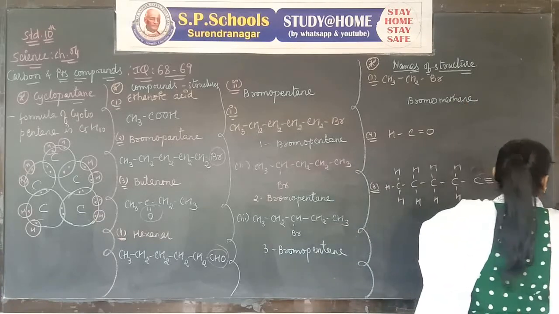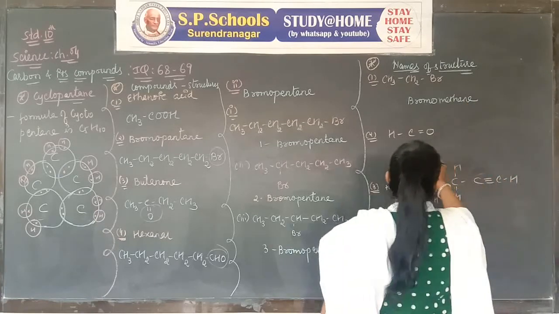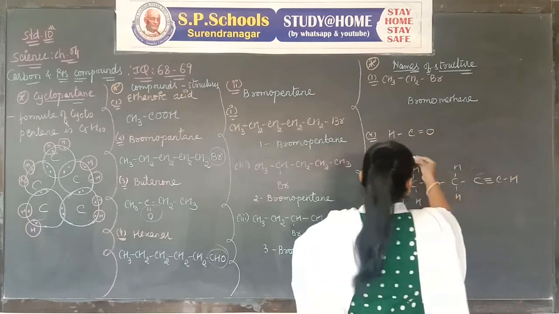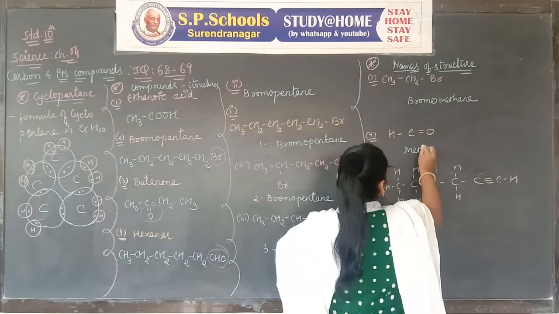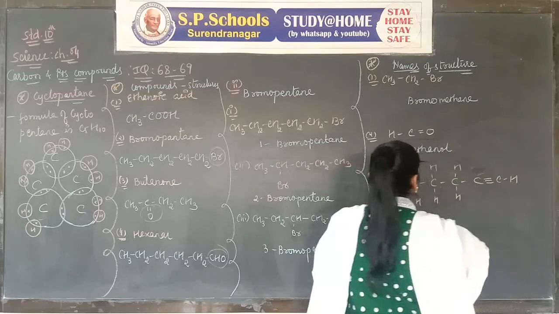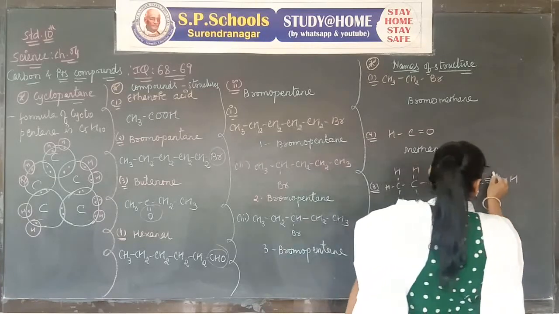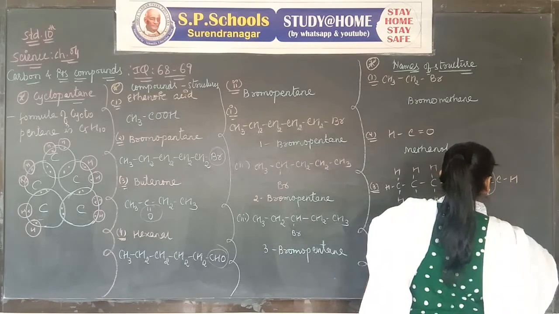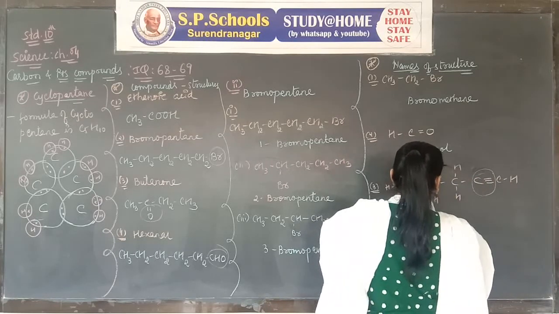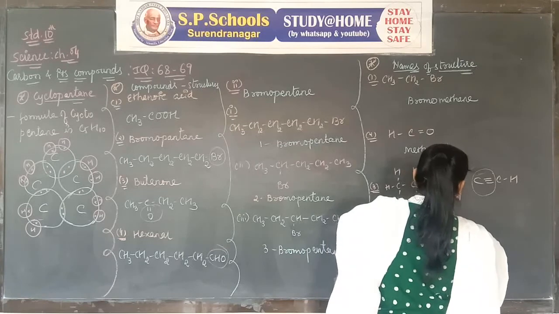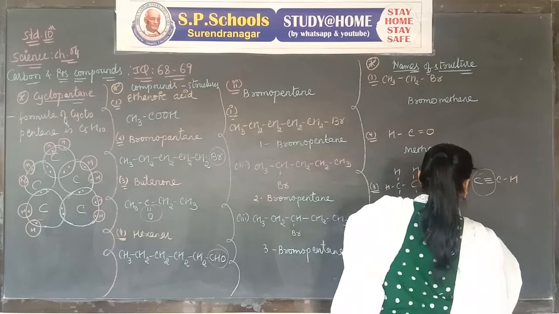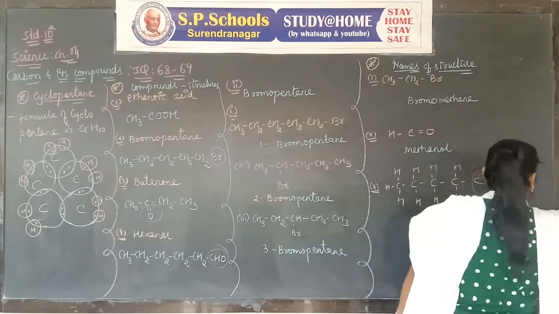In case of the second, if a double bond is present, it will be called ethene, and with OH, ethanol. In case of a triple bond, the number of carbons will be 6, it will be called hex-1-yne.